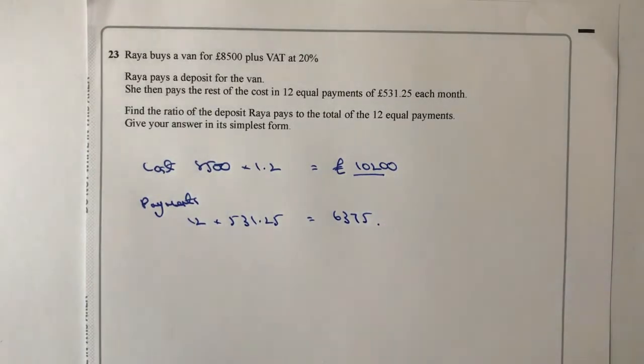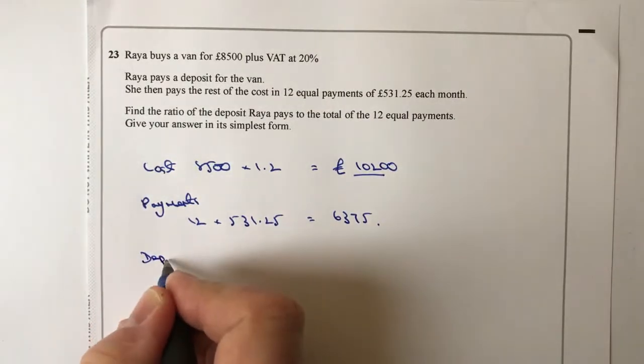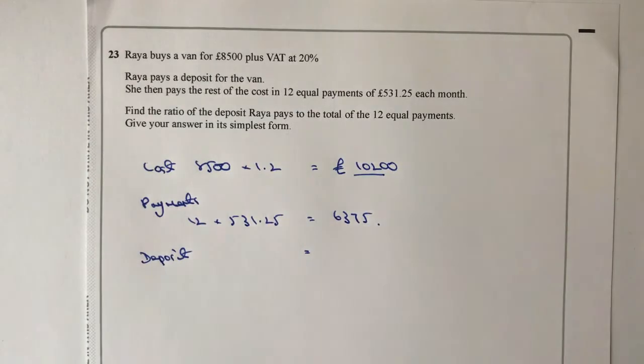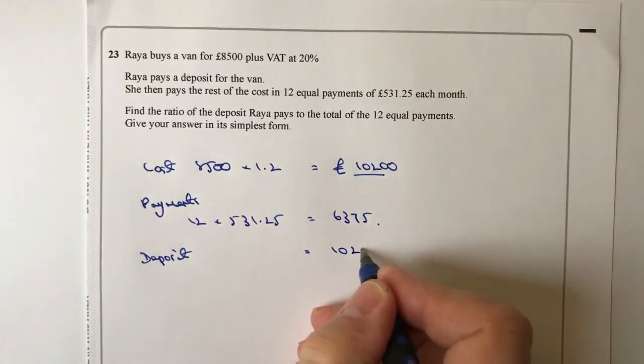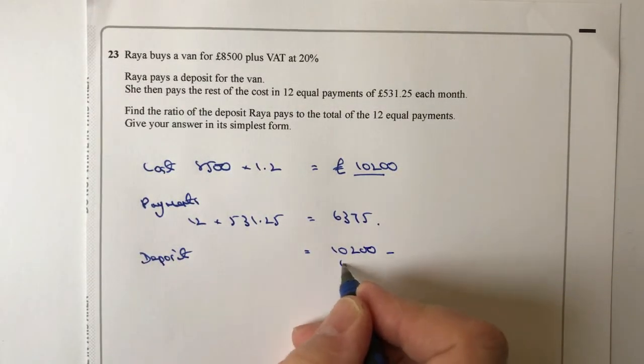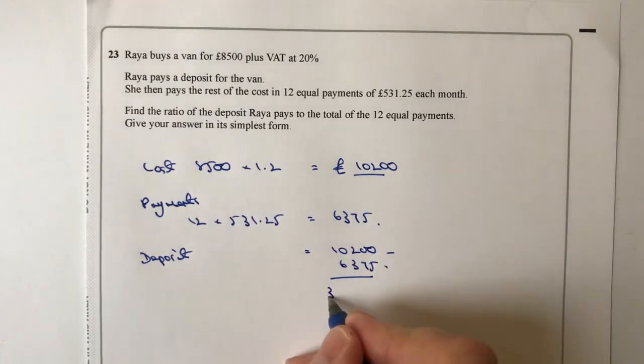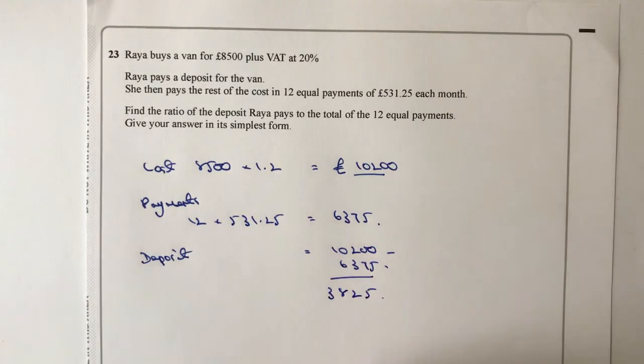The deposit payment is one minus the other, so it's 10,200 minus 6,375. At long last we've finally got all the information that we're required to answer the question.